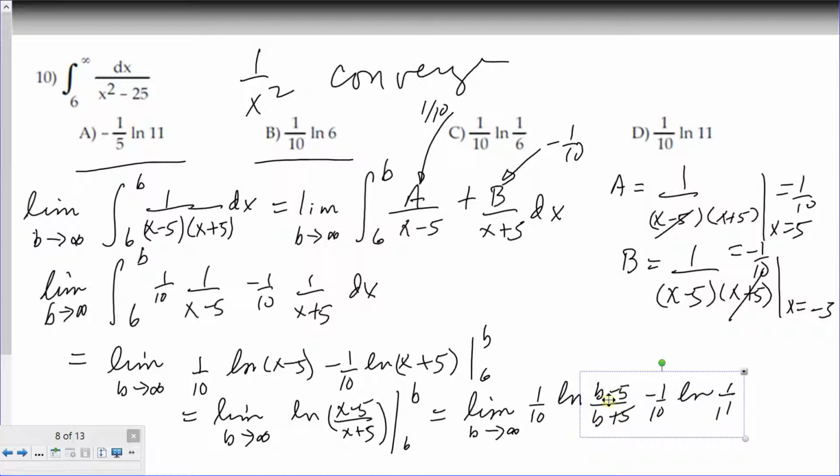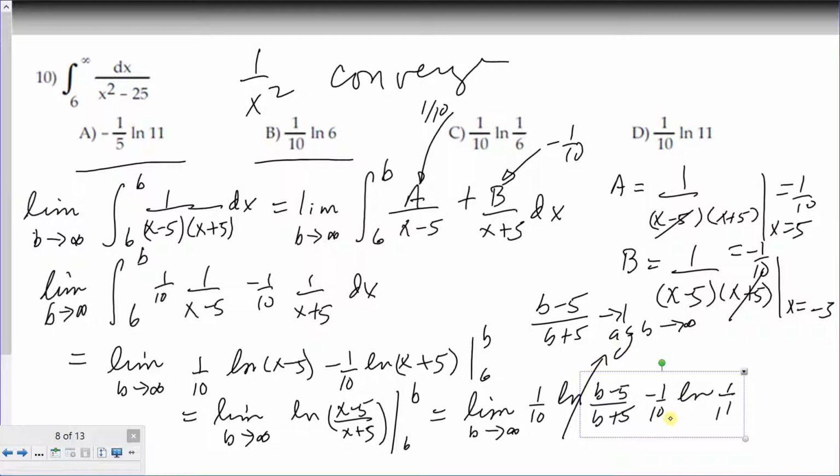Now b minus 5 over b plus 5 approaches 1 as b approaches infinity, so this will be 0.